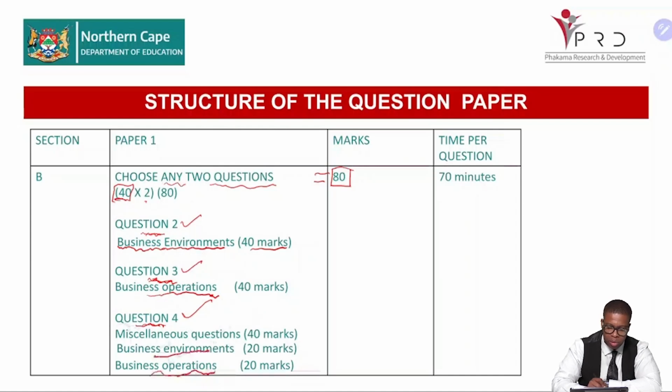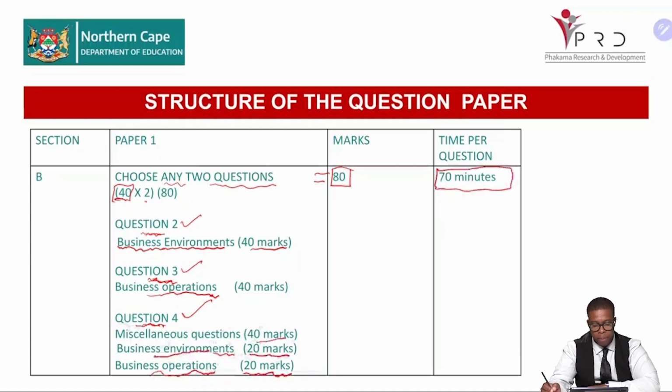Because the mark allocation for each question is 40 marks, business environment will be assessed for 20 marks and business operations will also be assessed for 20 marks. The time you should spend answering your questions is 70 minutes.